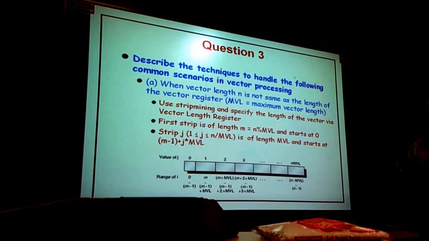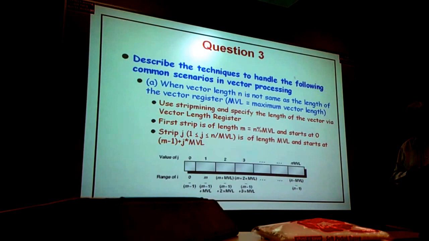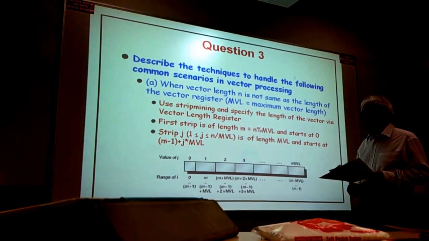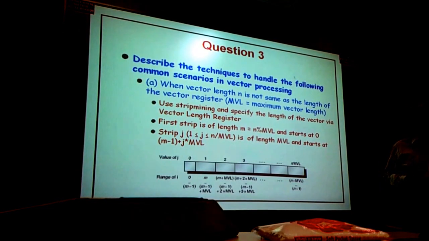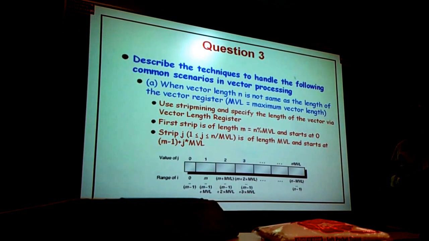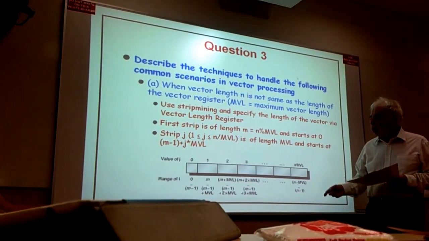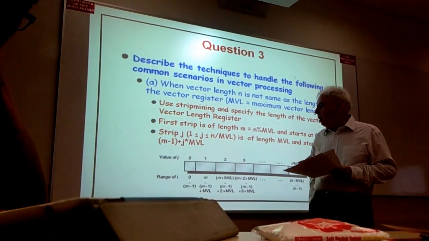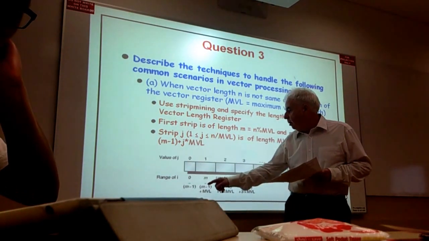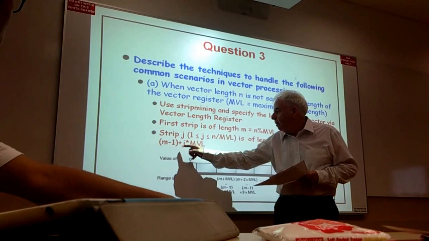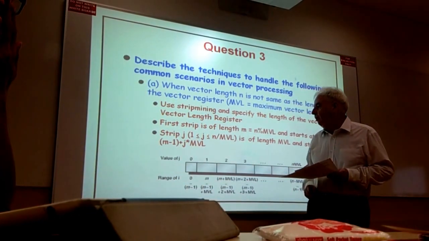After that smaller strip, we have n divided by mvl other strips, which will be of the maximum length that can be handled. You can work out where each of these strips starts. Strip j will start at element n mod mvl plus j times mvl.